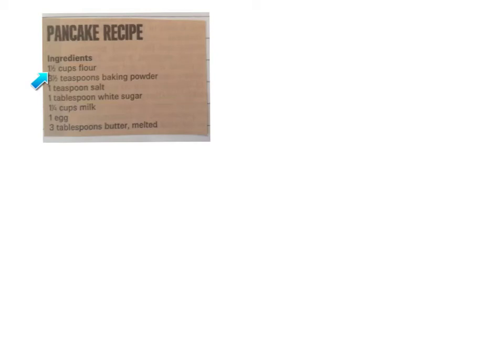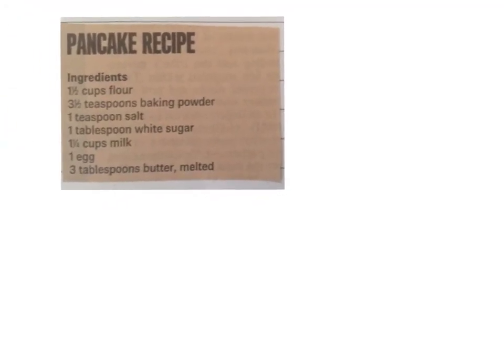So you need 1.5 cups of flour, 3.5 teaspoons of baking powder, 1 teaspoon of salt, 1 tablespoon of white sugar, 1.25 cups of milk, 1 egg, and 3 tablespoons of melted butter.